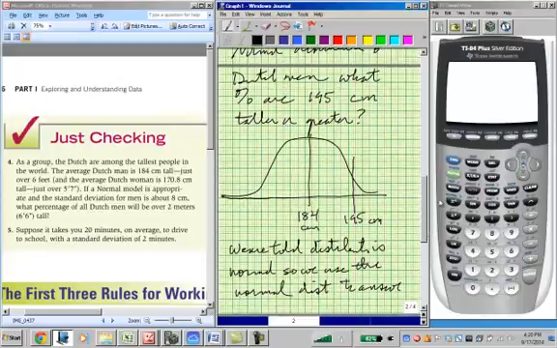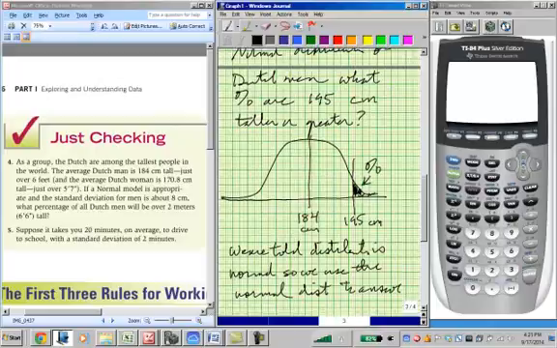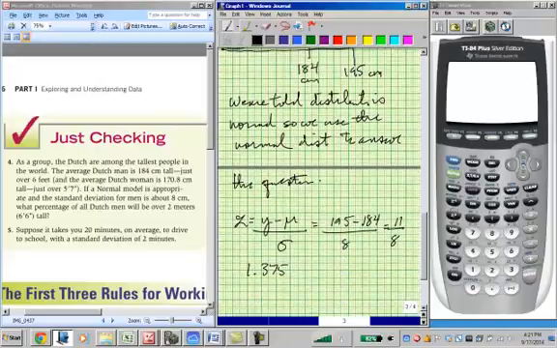Okay, so here's what we want to know. We want to know what percentage is 195 centimeters or taller. This percentage right here. Now we know that it's 1 3/8 standard deviations.